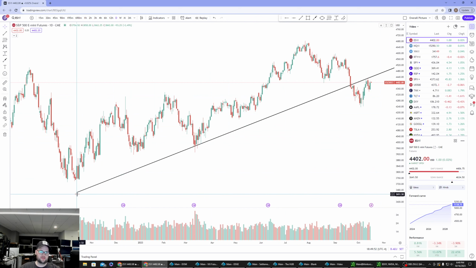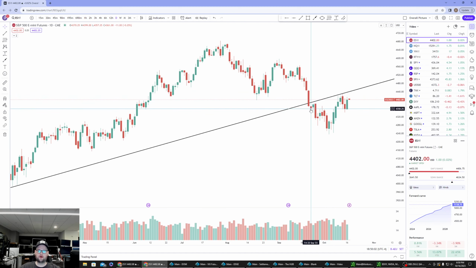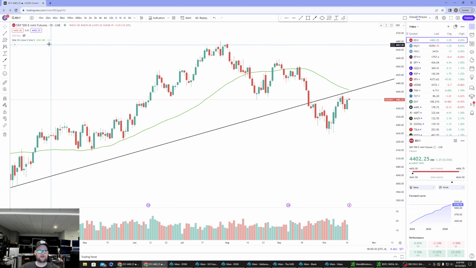Okay, so this marked the October lows as well as a few wicks back in early to mid-March. Okay, once it was broken below, we've had not one but two retests. On top of that, this trend line also kind of lines up with the 50 simple moving average on the S&P 500 futures.